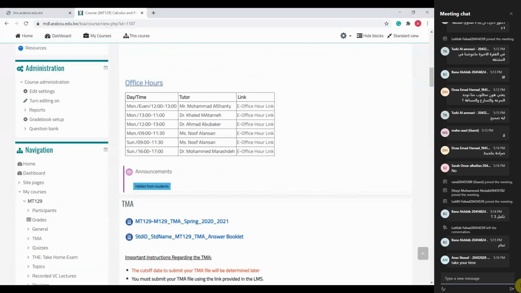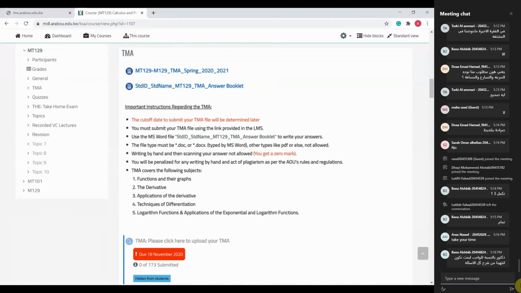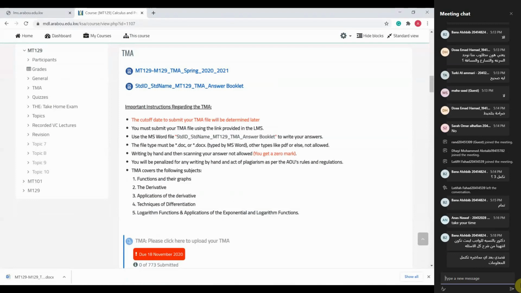Okay, look at the TMA. The first file, this is the TMA. You can click here to download and open the file. The student ID, student name, MT, this is the answer booklet. The second file is just the answer booklet. Use this one to put your answer.